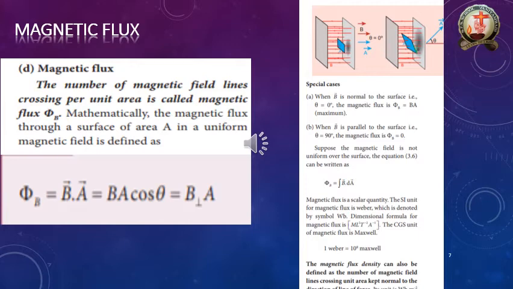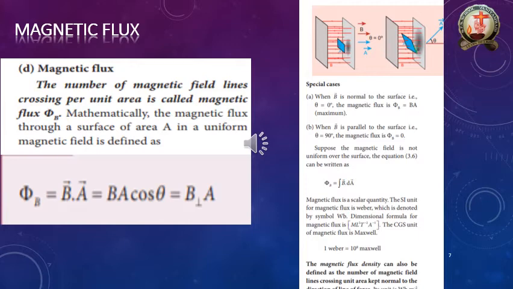So in the first case, the magnetic field direction and surface area direction are both in the same direction. Both in the same direction means what is the angle? 0, correct? So theta is equal to 0.